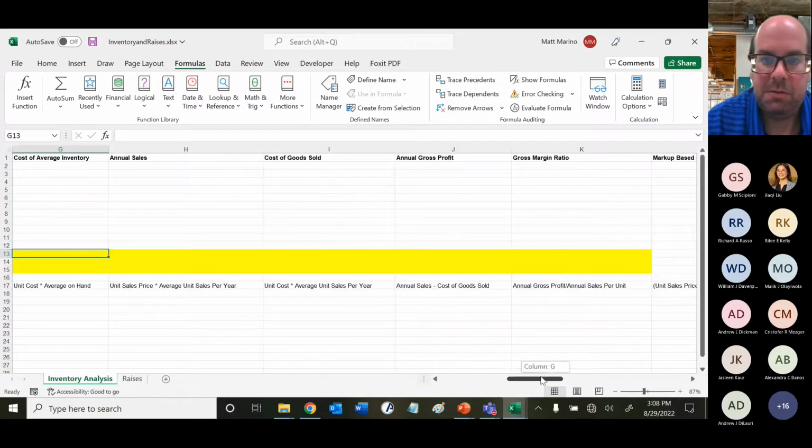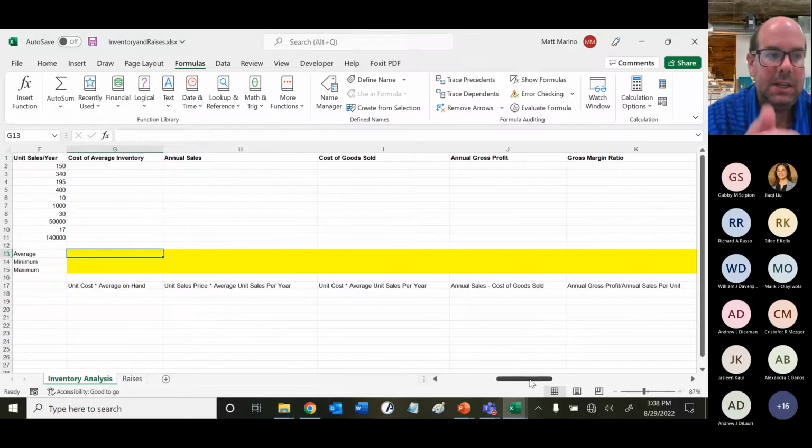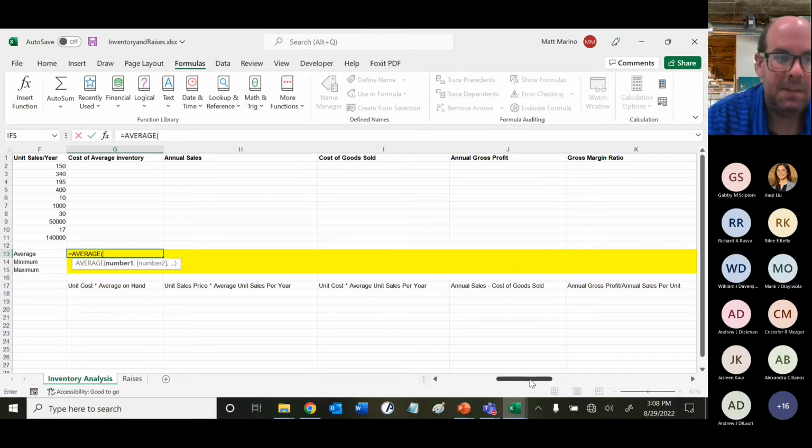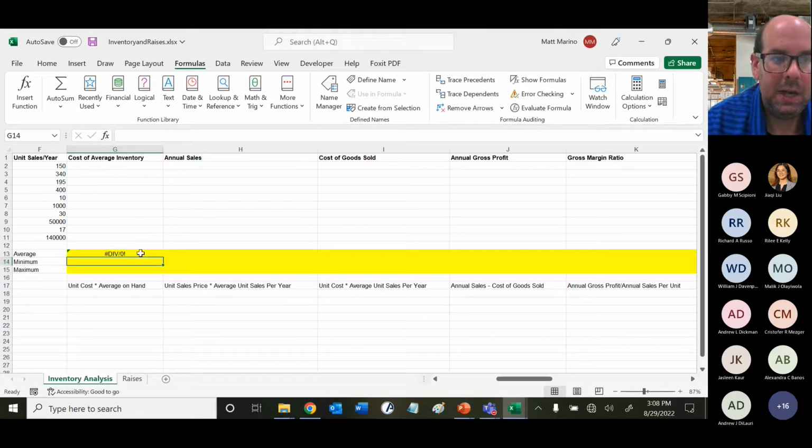Then for G through K, we're asked to calculate an average, min, and max. You'll notice there's nothing in those cells yet. So when we type in our formula, equals average, parenthesis, highlight our range, close parenthesis, we get a division error.